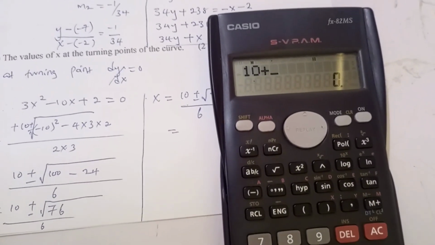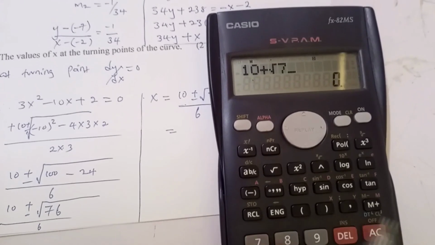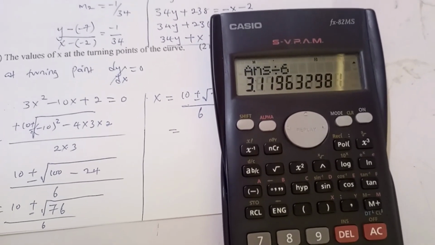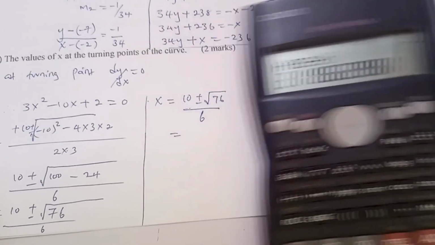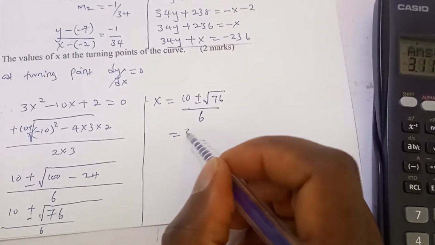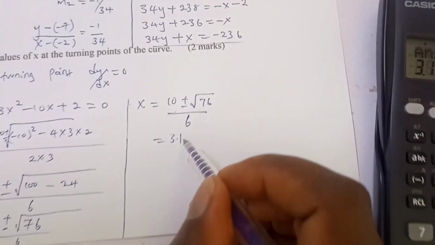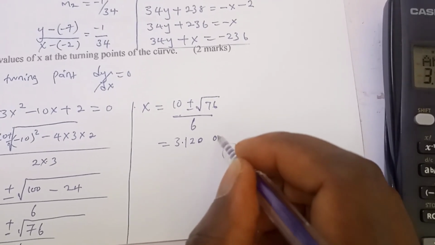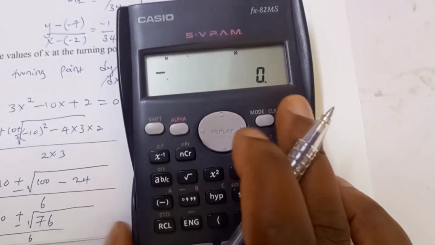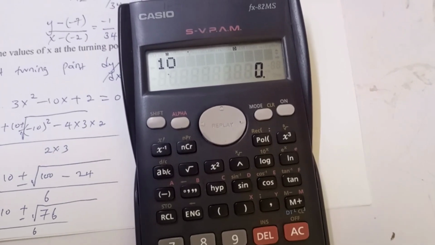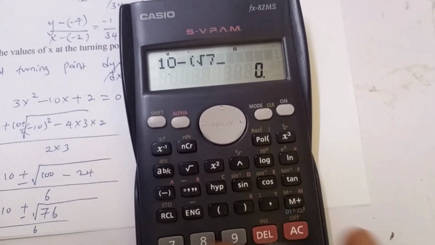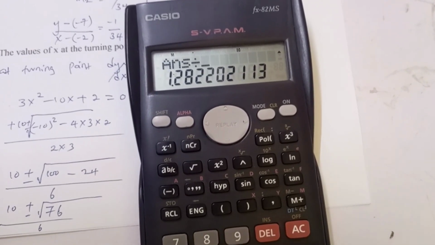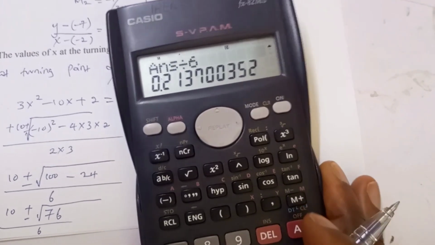Inserting that in the calculator very fast, then dividing by 6, we get the first answer as 3.119. We round that to 4 significant figures and you get 3.120, or we write 10 minus the square root of 76 divided by 6.